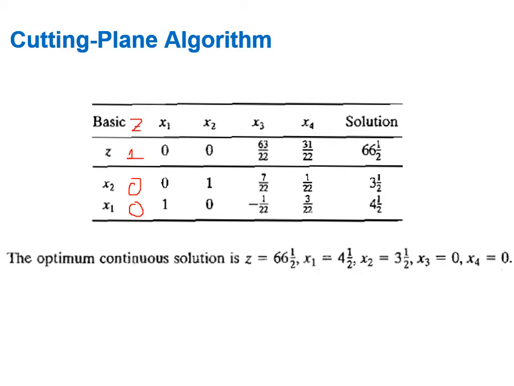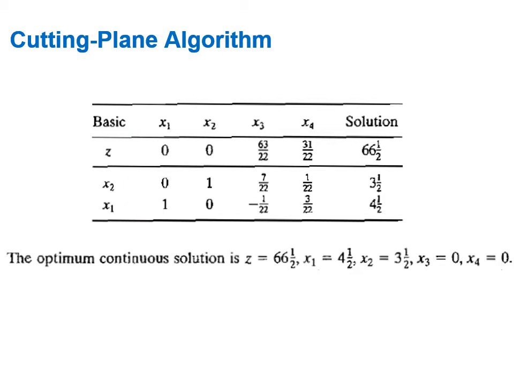Instead of including this column in every case, because it never changes, it's always 1 0 0, you don't need to repeat it in all tables. You just ignore it, but you know that that column is there. In this book they don't include this column.